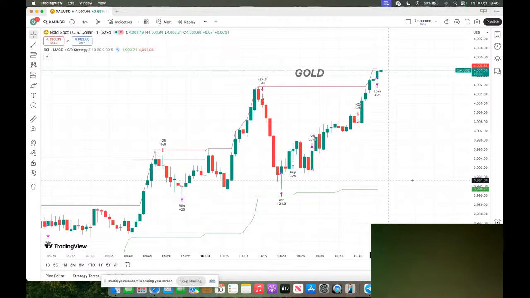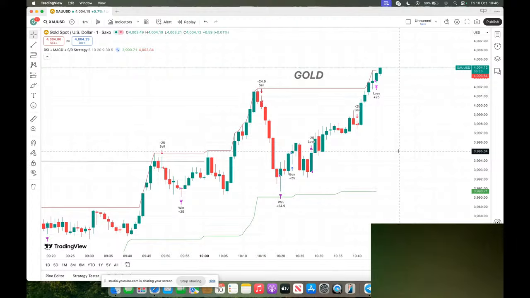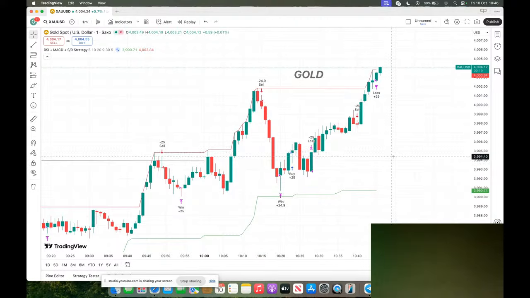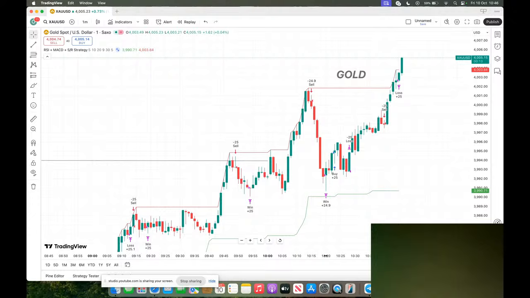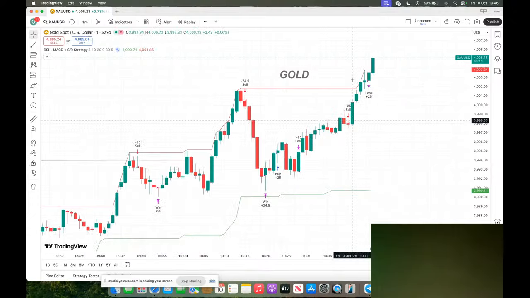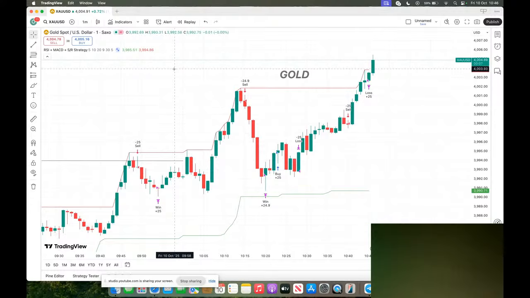If this candlestick is red, it will most likely tell us to sell, because that's how quick it uses the indicators. Let's see. So much buy volume coming in.